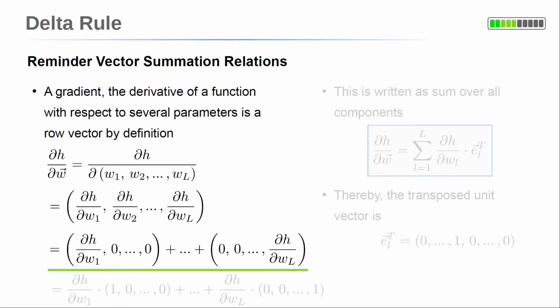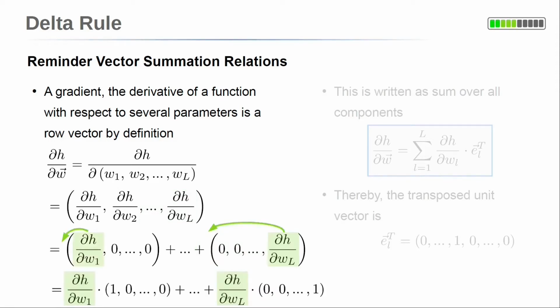This can be decomposed into a sum of row vectors with a single non-vanishing component only. So the first row vector has a non-vanishing first component, the partial derivative of h with respect to w1. The second row vector has a non-vanishing second component only, and so on.